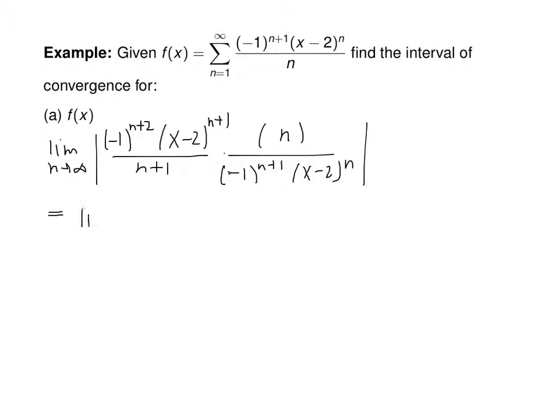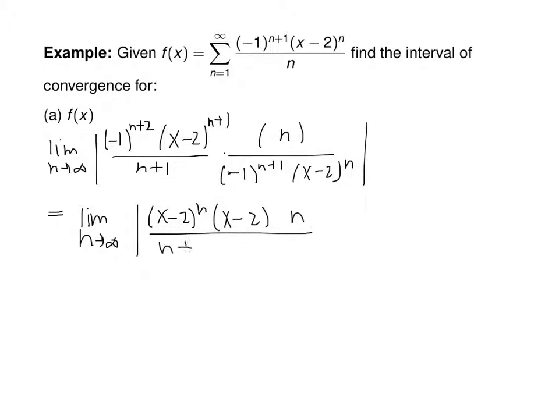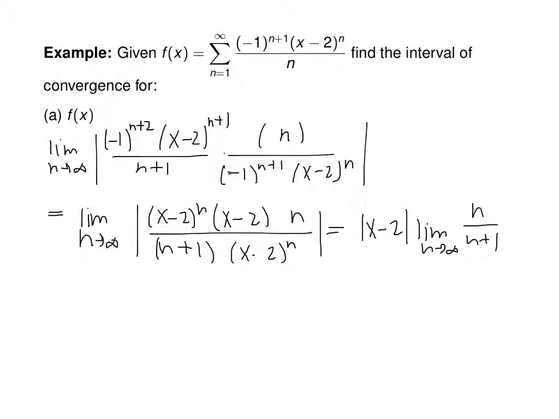So that will be the limit as n goes to infinity, x minus 2 to the n, x minus 2, multiplied by n over n plus 1, and x minus 2 to the n. And this will equal the absolute value of x minus 2 multiplied by the limit as n goes to infinity of n over n plus 1, which is just the absolute value of x minus 2.